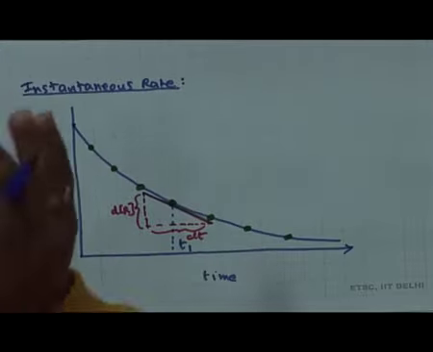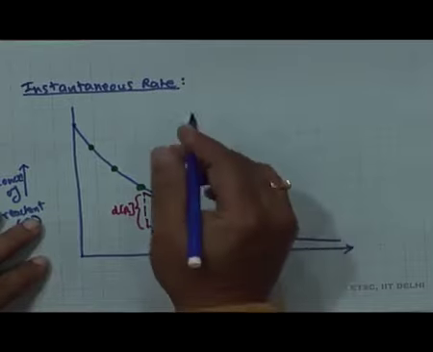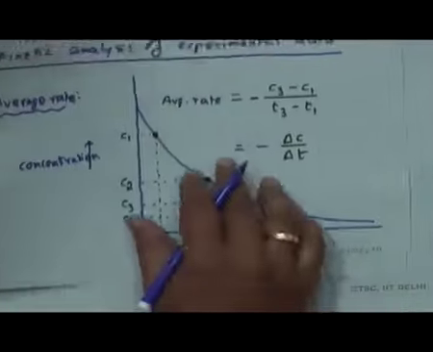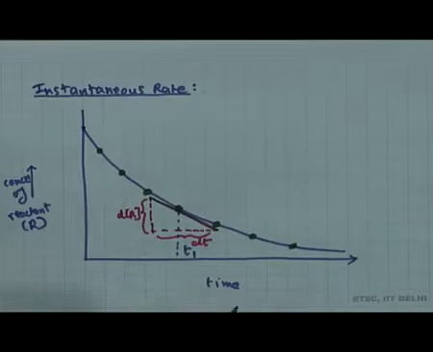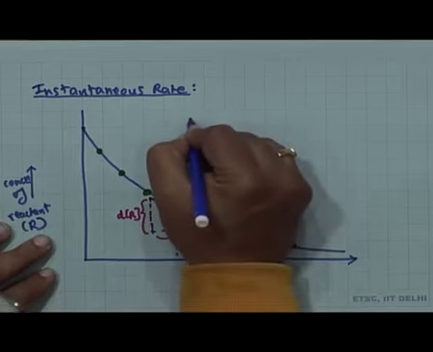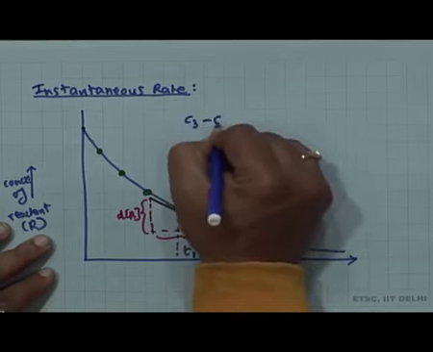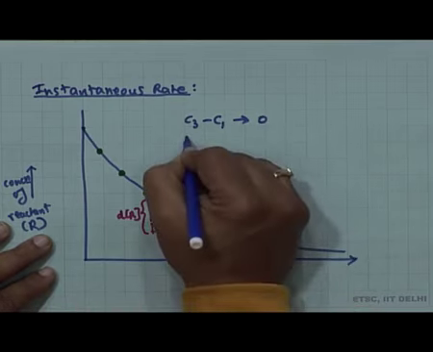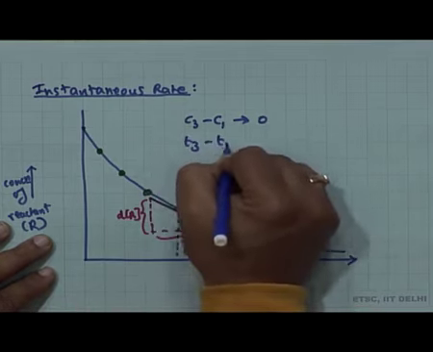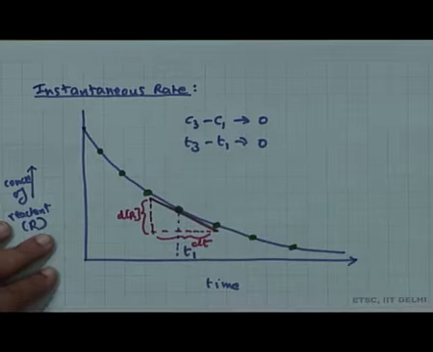Going back to the average rate definition, C 3 minus C 1 over T 3 minus T 1, when I talk about instantaneous rate, I mean that C 3 minus C 1 tends to 0 and T 3 minus T 1 tends to 0.